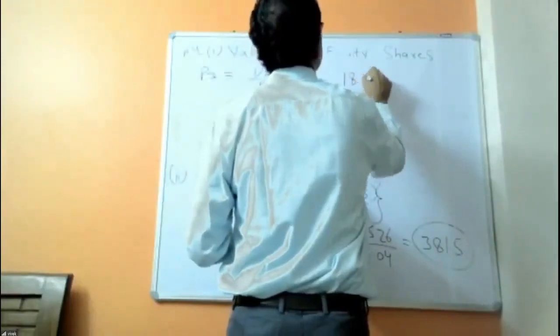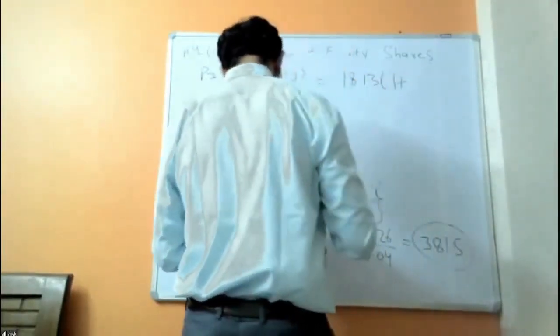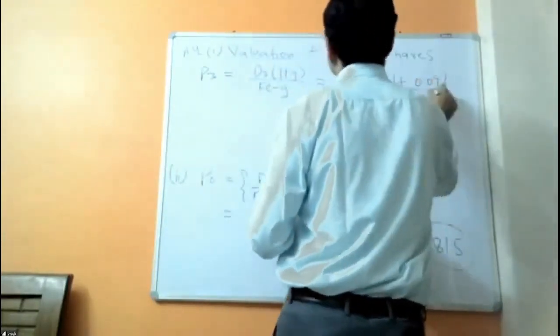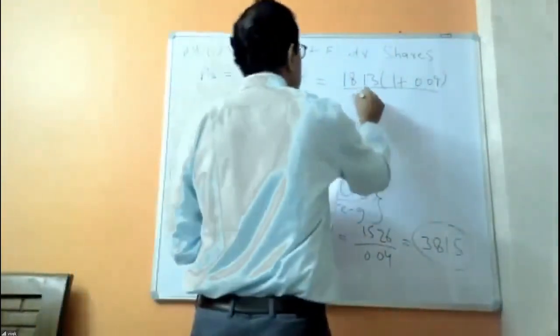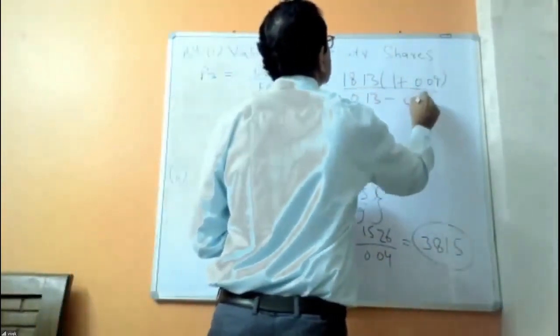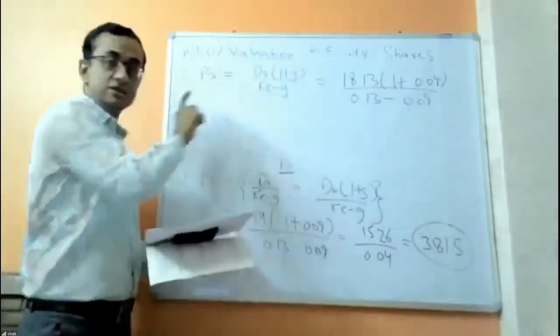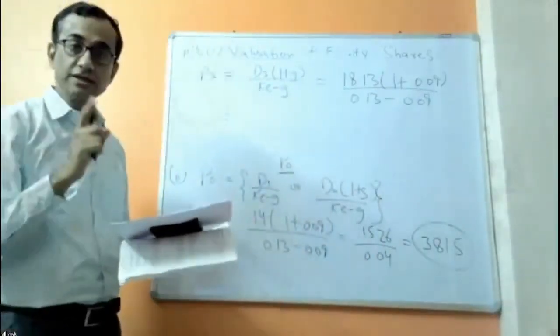We have calculated it as 18.13, multiplied by 1 plus the growth rate, which is 9%, divided by KE minus G, that is the discount rate, which is 13%, minus the growth rate. So D3 into 1 plus G upon KE minus G. D3 is 18.13, the dividend at the end of the third year.